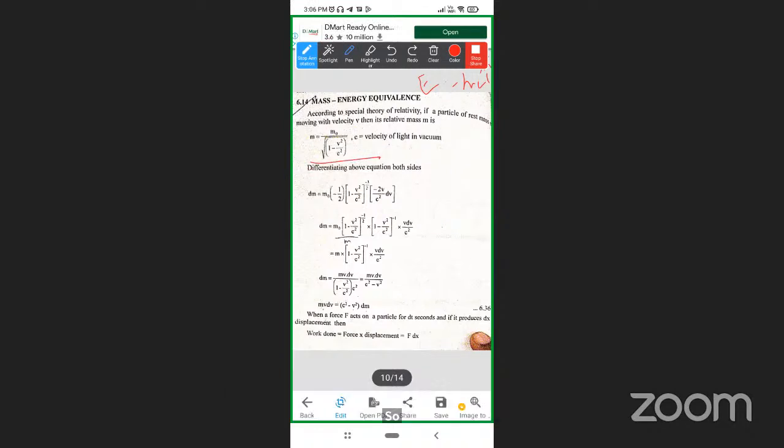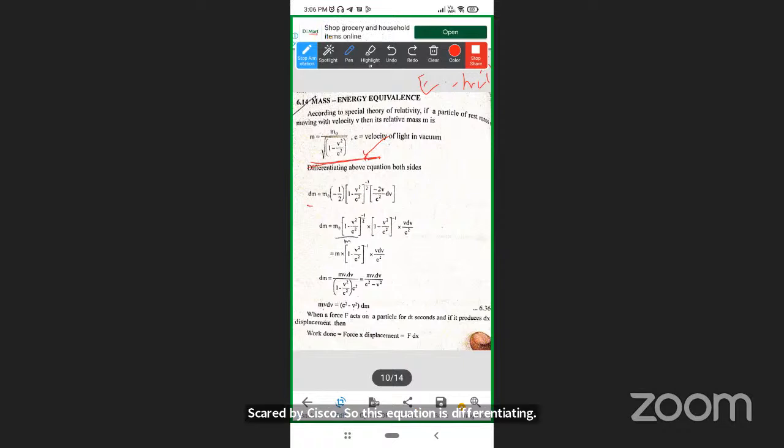According to this, one particle of rest mass m naught is moving with velocity v, then the relativistic mass is m. So we differentiate this equation.